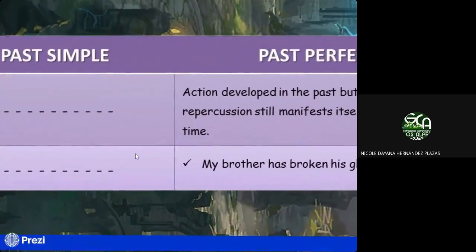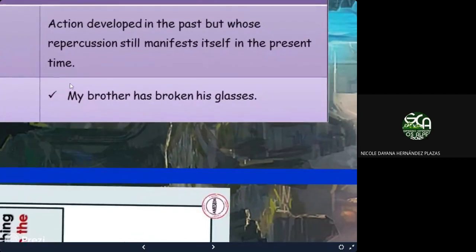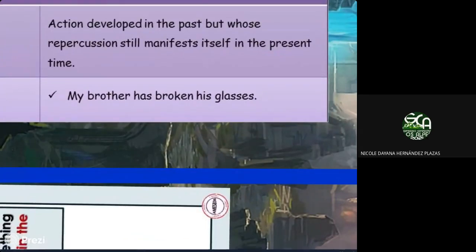In present perfect, you can also talk about actions that have happened in the past, but with consequences in the present. Si tienes alguna acción que ya se acabó, es una acción pasada, pero tú sabes que va a tener una consecuencia en el presente, that's present perfect.